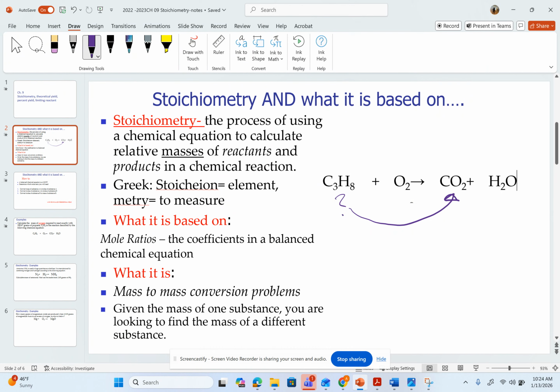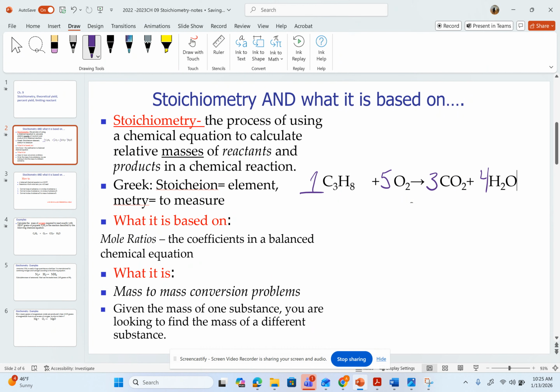It is based off of what we call mole ratios. So mole ratios are just the coefficients that we put in front of the formulas to balance the equation. So to balance this, I would have to have a 3 here, a 4 here, and a 5 here. Now we don't ever write it, but you have to imagine there's a 1 here.